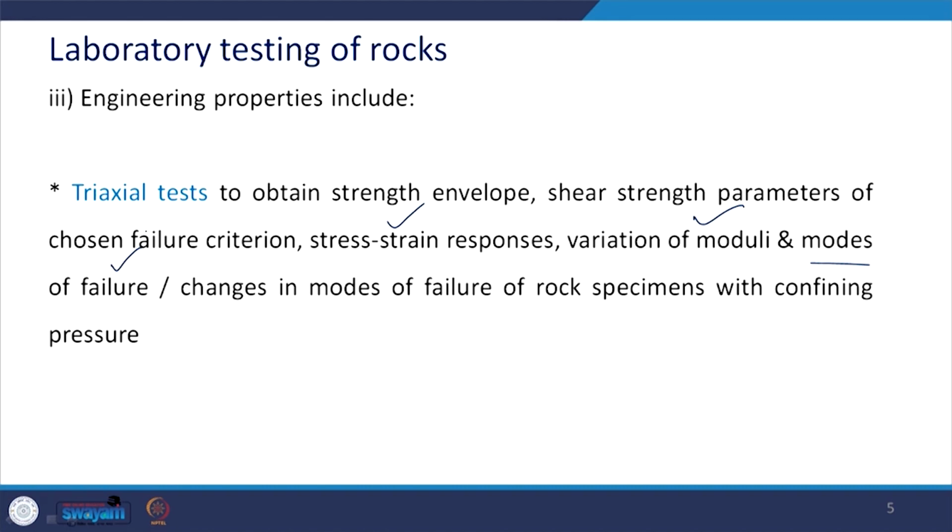Like if we test a specimen at the low confining pressure or if we test it at the high confining pressure, there is going to be a change in the mode of failure. So, this triaxial test gives me the idea about all these parameters.